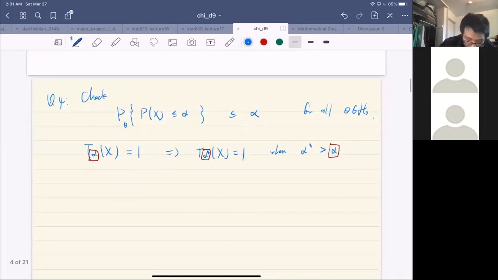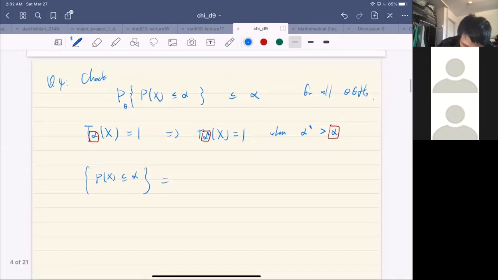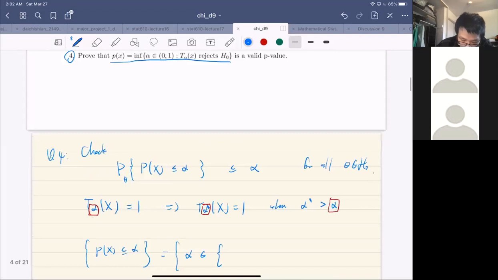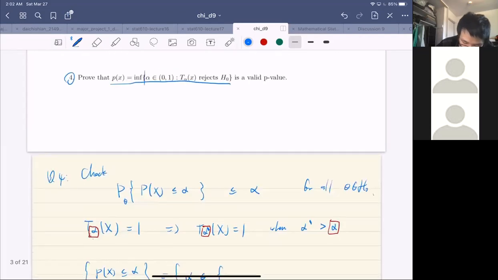So then the event p(x) smaller than alpha means that alpha belongs to this set.